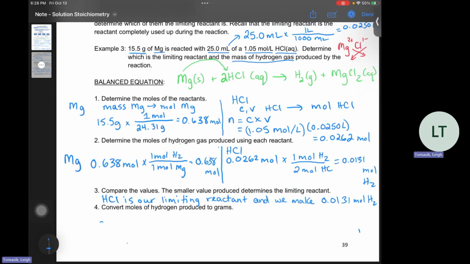So we made 0.0131 moles of H2, and then we would have to multiply it by the molar mass, and we would get 0.0265 grams of hydrogen gas.